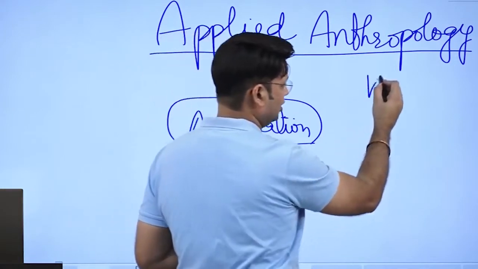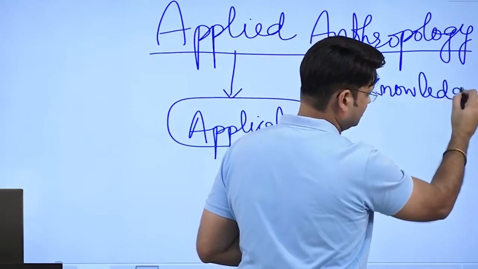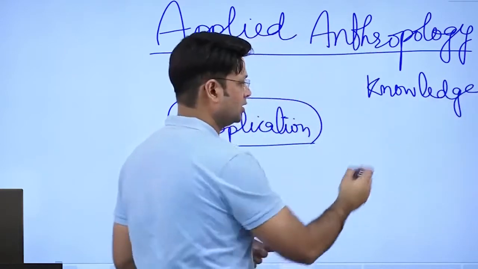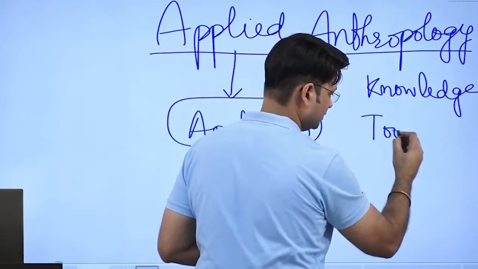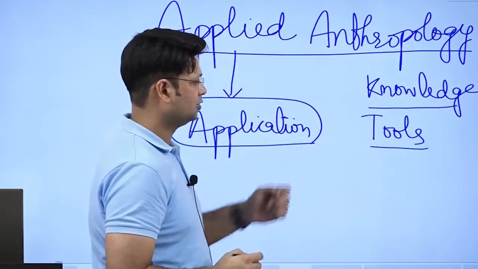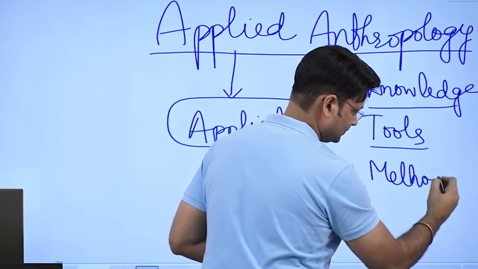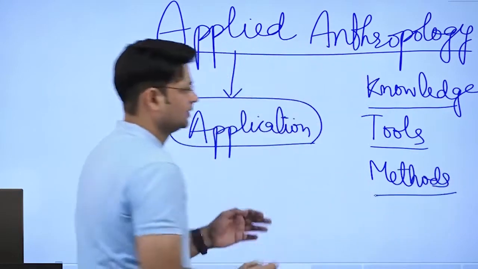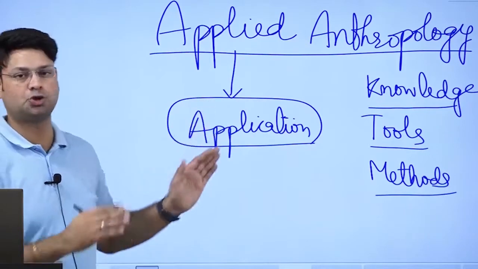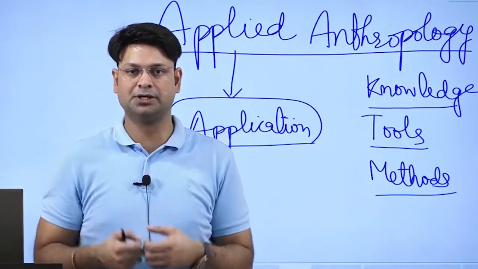You can say the knowledge which is created by anthropology, its research, the tools it uses for data collection, or the methods and techniques it uses. Everything which is put to use for mankind, for the welfare of us human beings.